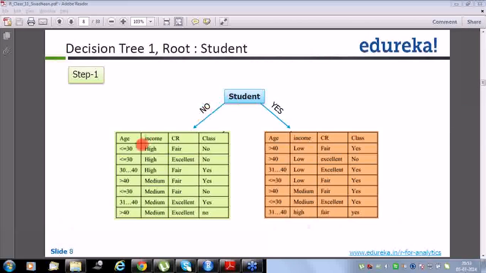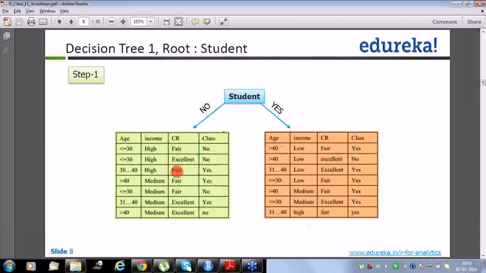If he is not a student, we have data for that particular category, and if he is a student, we have data. We have segregated the data into two groups. Now our objective is to find out whether he will buy the computer or not, in both situations.